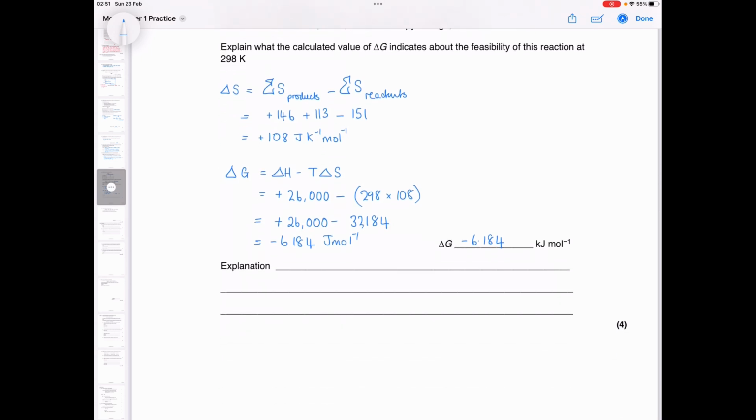And delta G is negative, indicating the reaction is feasible at this temperature.